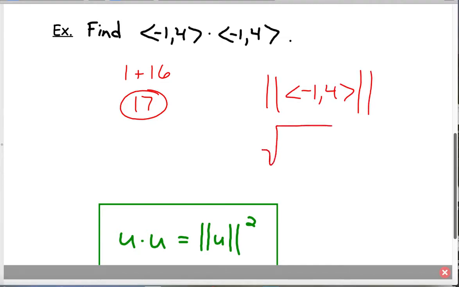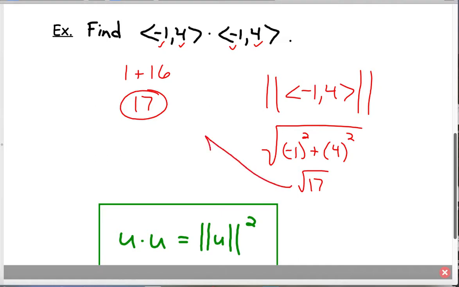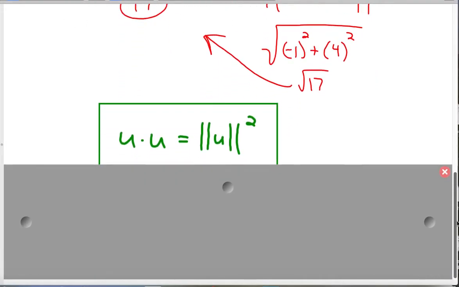You would do the square root of negative 1 squared, plus 4 squared, and so we'd get the square root of 17. So if we square the magnitude, that gives us the dot product of the vector with itself.